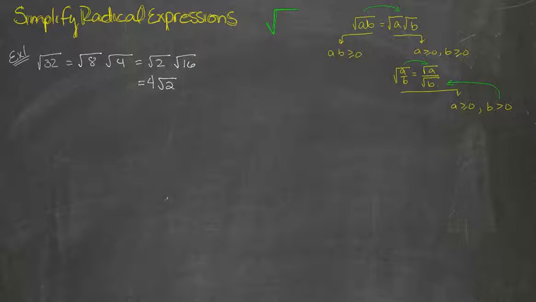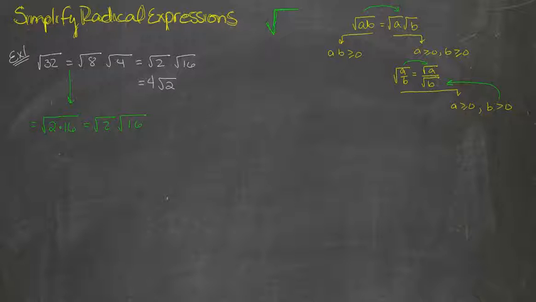I think it's intuitive once we've looked at the property, but the step I skipped was to have rewritten this as the square root of 2 times 16, then the square root of 2 times the square root of 16. I'm certainly in class not going to make a big deal about that. If you apply the property correctly, I'm totally fine with you skipping this step right here.